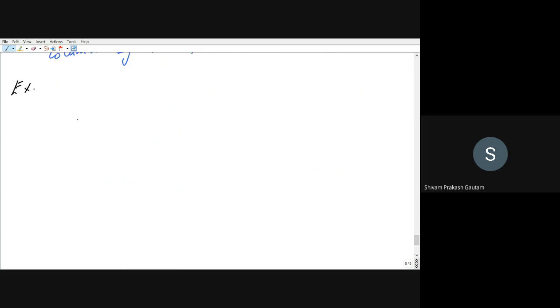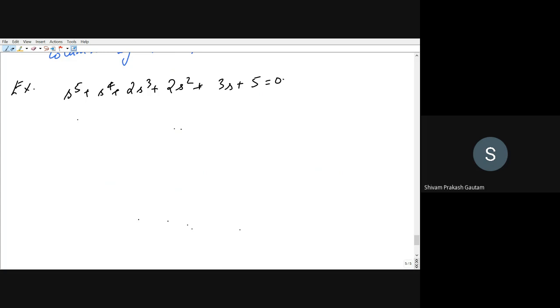Let us suppose we have the characteristic equation of a system: s to the power 5 plus s to the power 4 plus 2 s to the power 3 plus 2 s to the power 2 plus 3s plus 5 equals 0. Here we have to determine the stability.